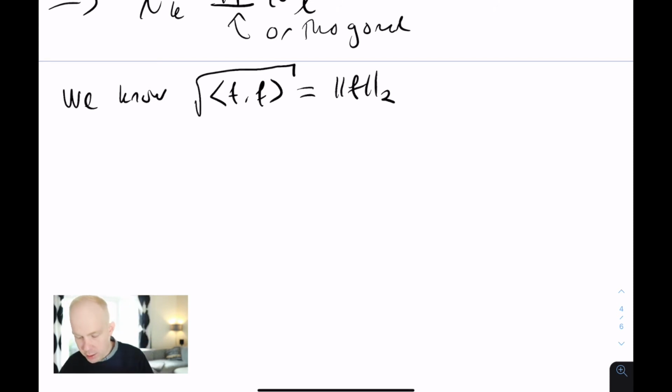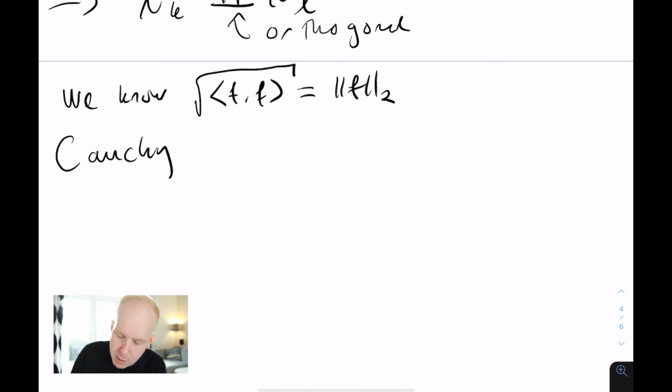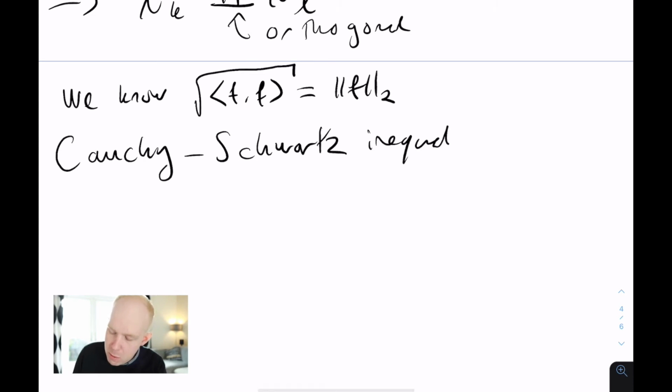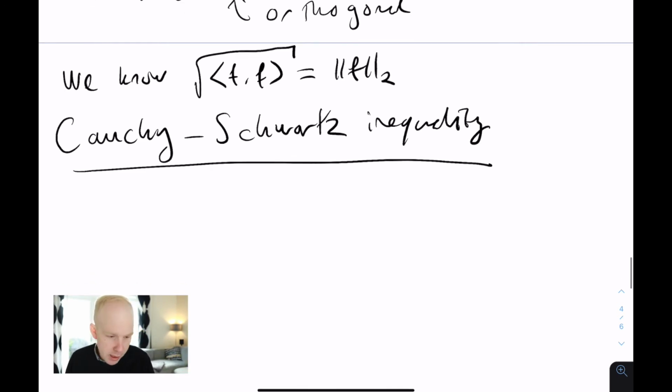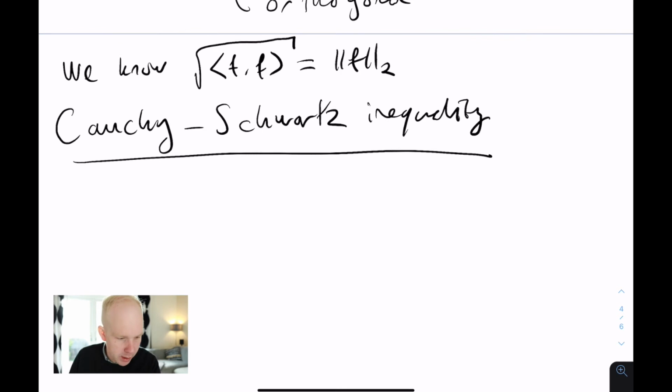We already know this. But then there is this thing called the Cauchy Schwartz inequality, which deals with the case when f is not equal to g. So you can do a connection in this way as follows.